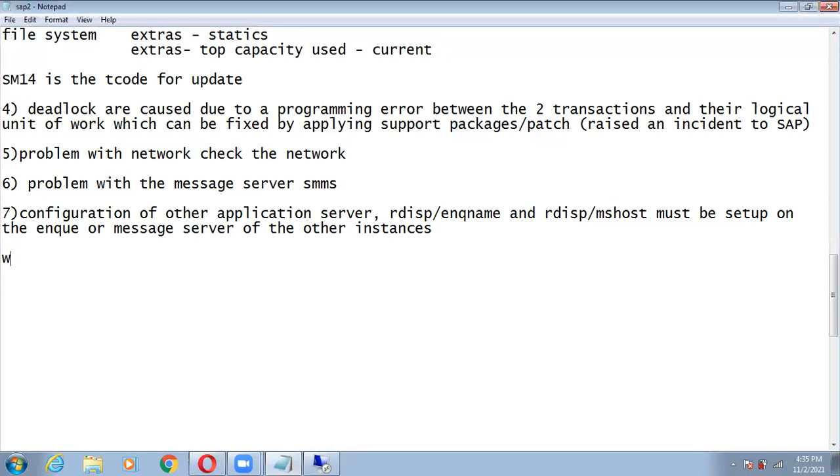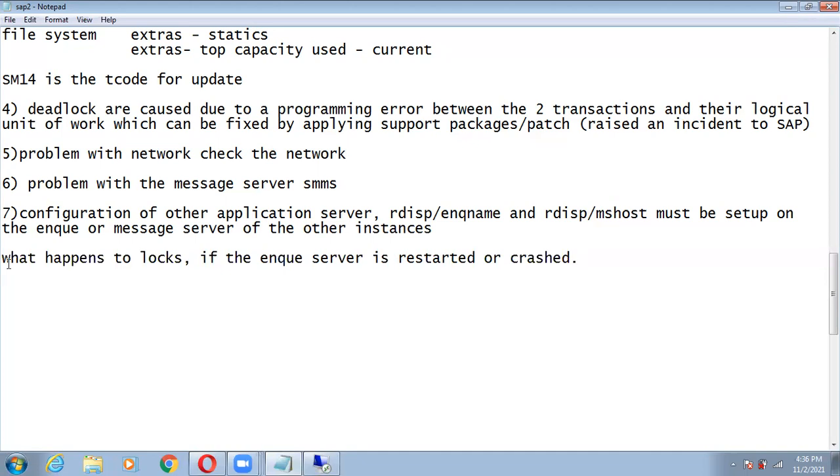So see, what happens to logs if the NQ server is restarted or crashed? So this is one of the interview questions.